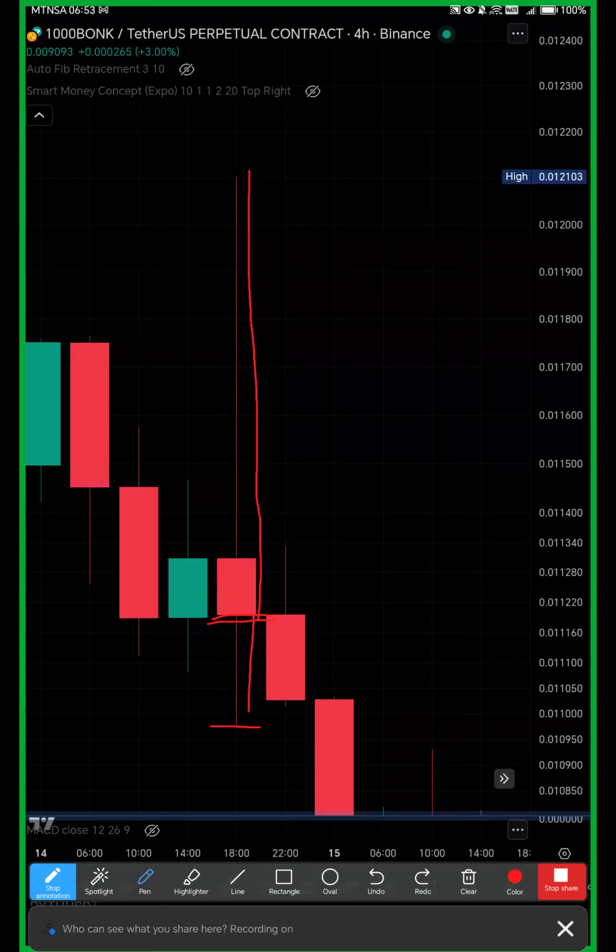When it reached this level, there was a buying activity. You see the presence of this shadow down here. It is a buying activity. Buyers started to buy, okay? Unfortunately, they could not cross the opening price. That's why the candle is still red. If they could cross the opening price, the color of this candle would have been painted green.